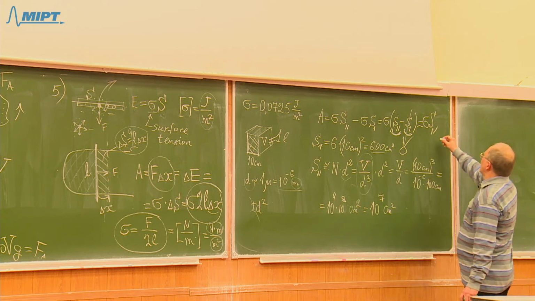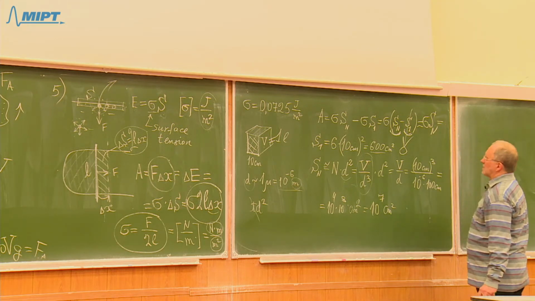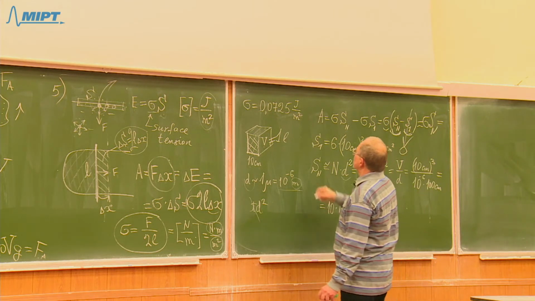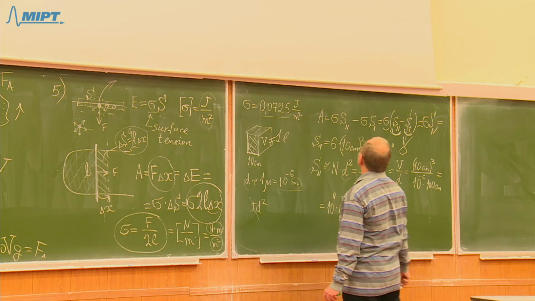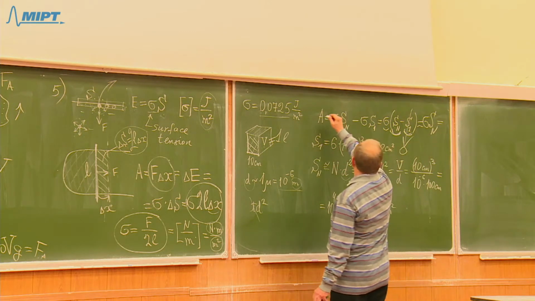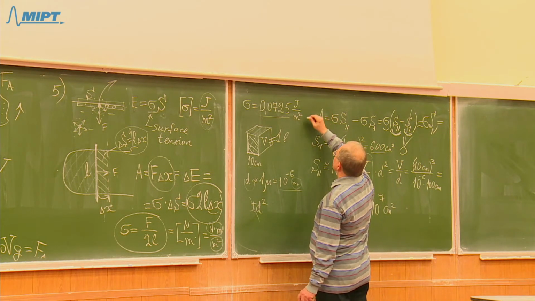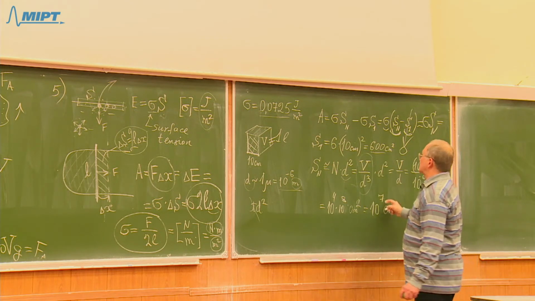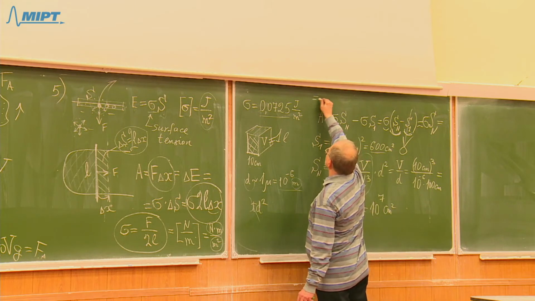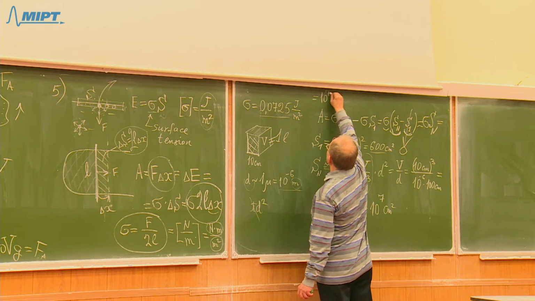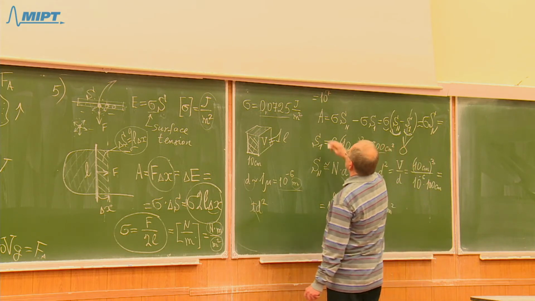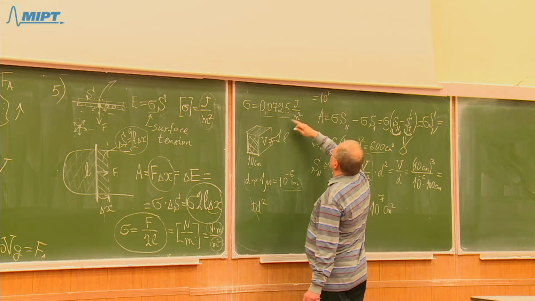And therefore, the total energy may be calculated as the surface tension, which is given by this quantity, I will finish my calculations here, times the Sn, which is 10 to the 7th power. So I will have to take 10 to the 7th power, which is the final area of all the droplets.